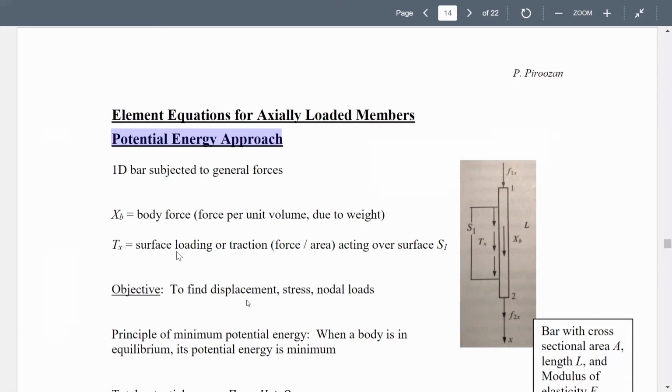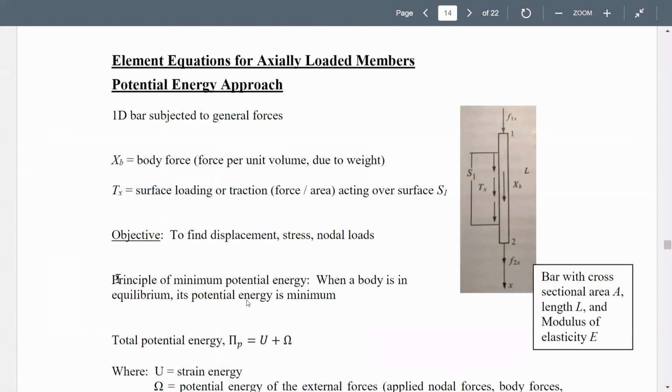Let's see how we can find displacement, stress, and nodal load subjected to, again, body force X sub B, this one, and traction. Now, we are going to use a very powerful technique, the principle of minimum potential energy. What does it say?